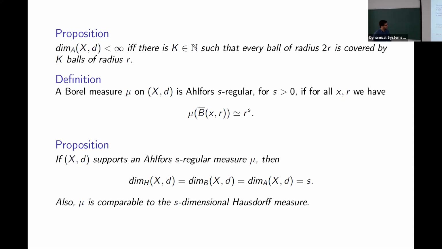And in fact, whenever your metric space admits an Ahlfors s-regular measure, then all the dimensions agree and are equal to s, and the measure mu is comparable to the s-dimensional Hausdorff measure.